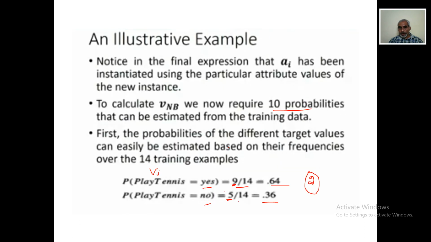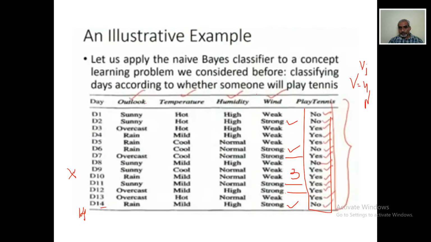Similarly, calculate the probability of high for S. That means you are going to calculate for humidity, so humidity high for S. High is yes 1 time, high is yes 2 times, high is yes 3 times.